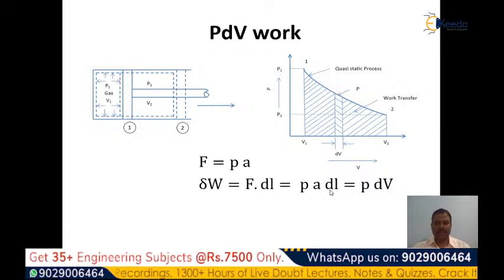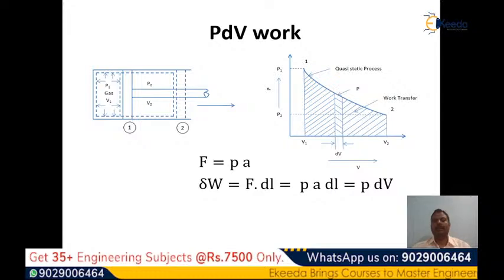Here A is the area of the piston, and dl is the infinitesimal distance traveled by the piston at any intermediate state of the change of state of this process.